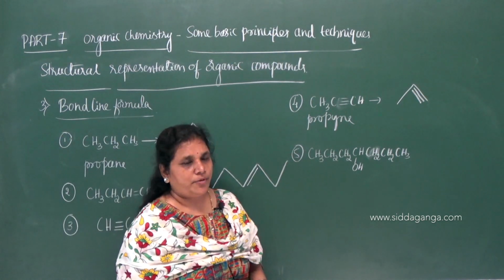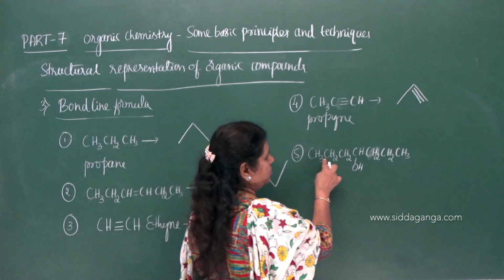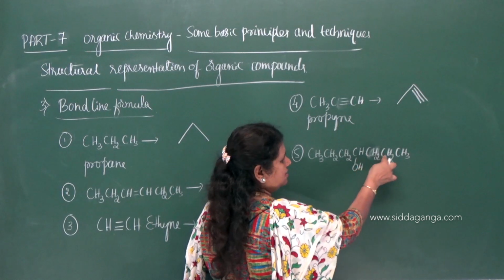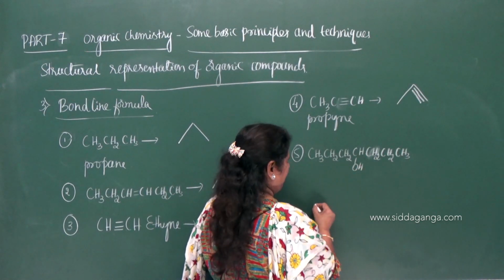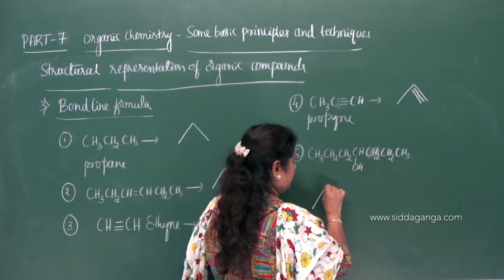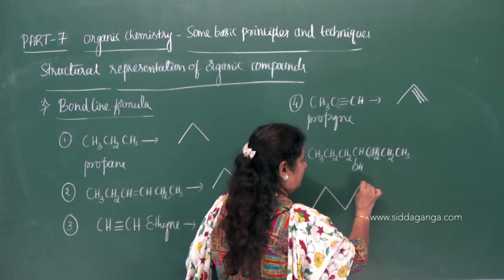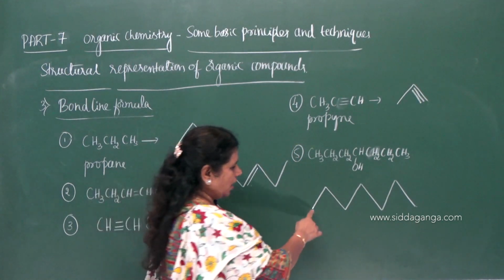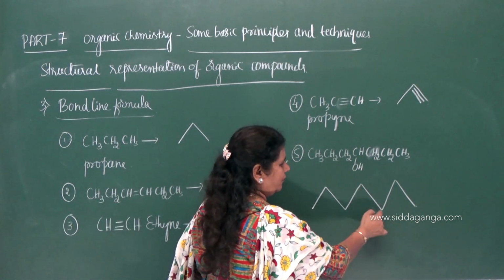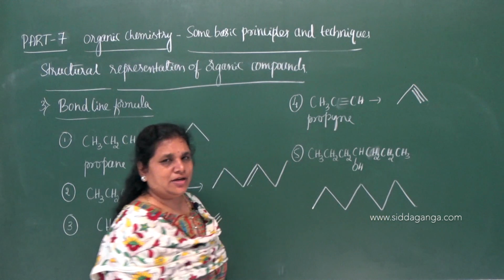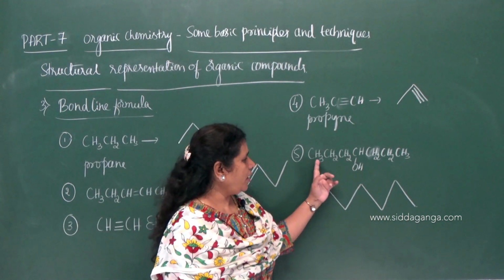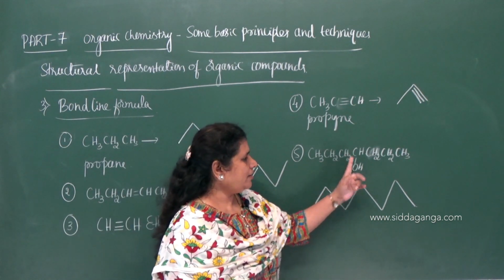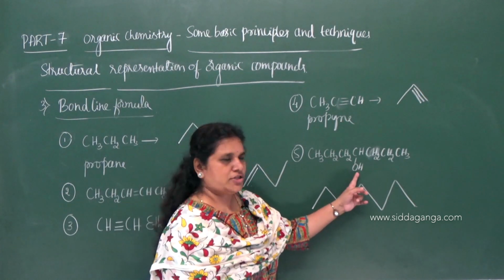First you take the bond line formula for this. 1, 2, 3, 4, 5, 6, 7. 7 carbon atoms are there, and at the fourth carbon we have an OH group.